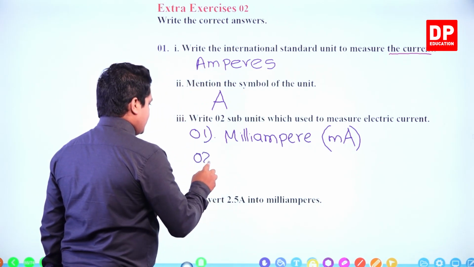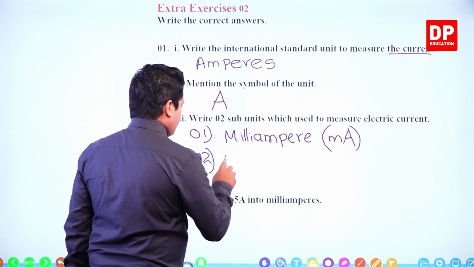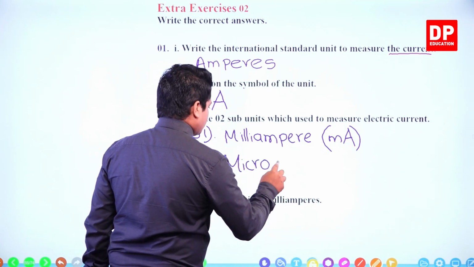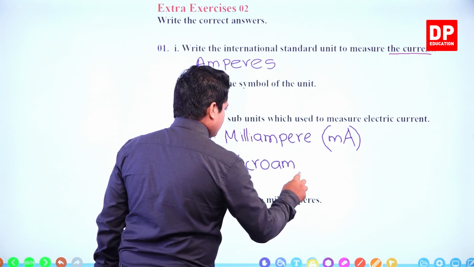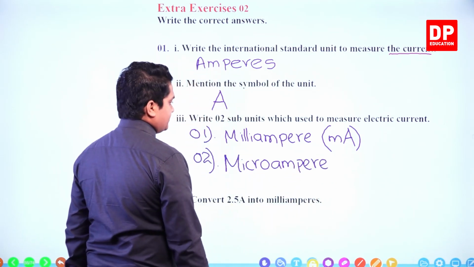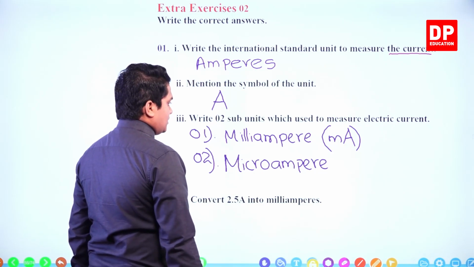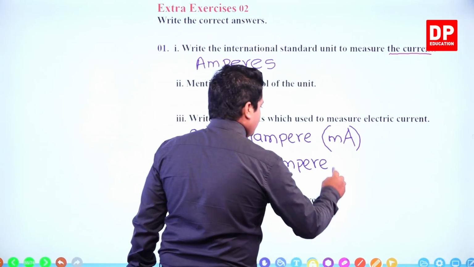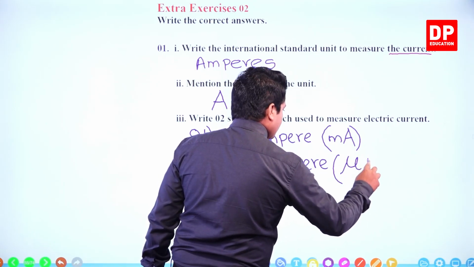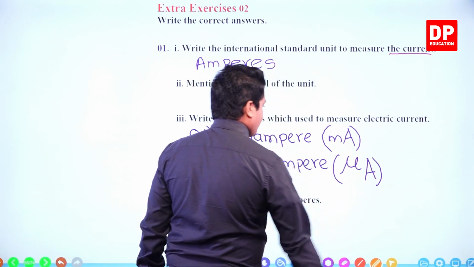Number two, the second one, microampere. This is the mu sign and A, microampere.